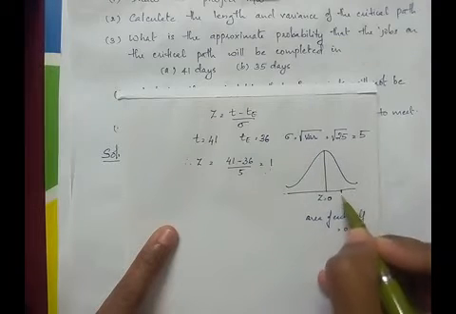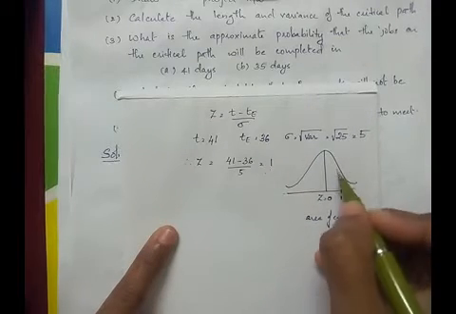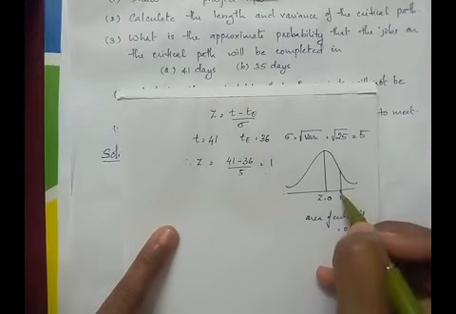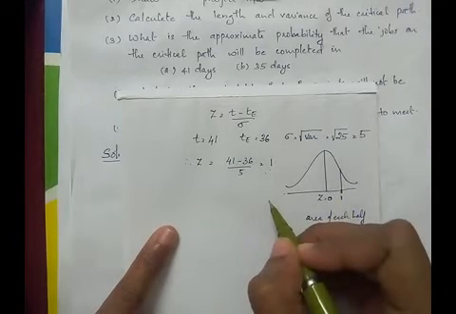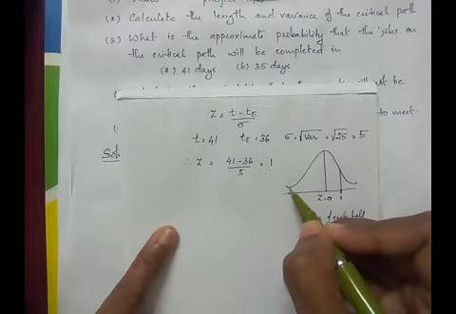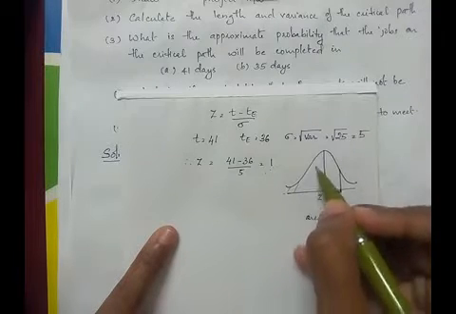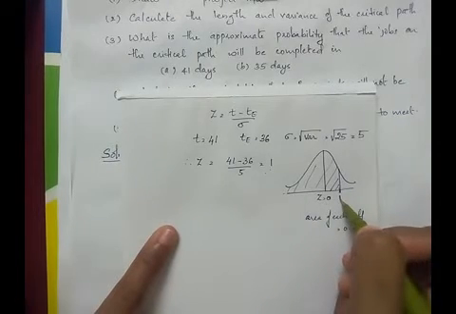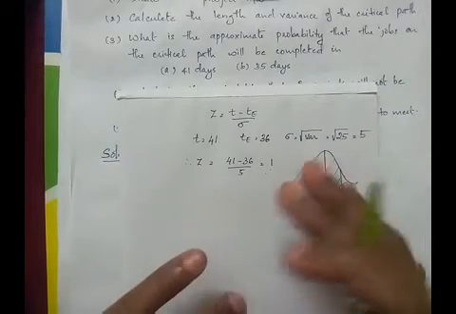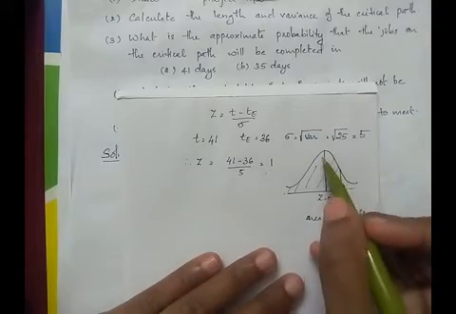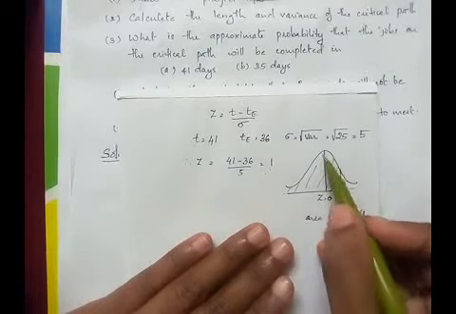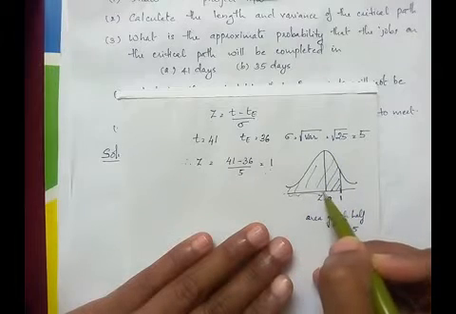That means we have to find the area from the left end till 1, so we will be shading the area from the left end till 1. Since Z is a positive value, we will be covering the left side completely, that means taking one half of the curve completely.